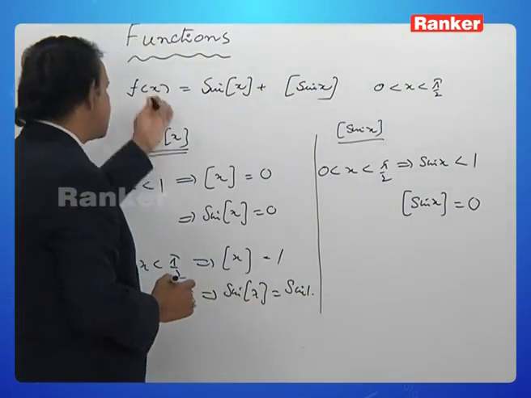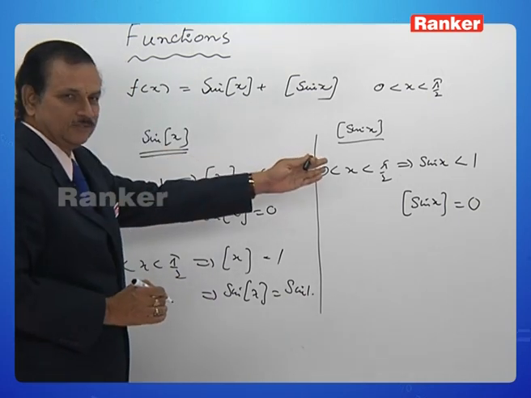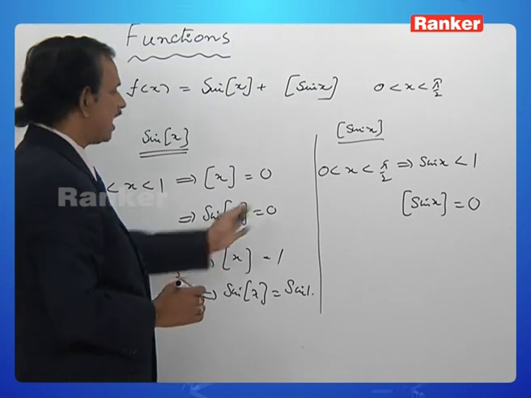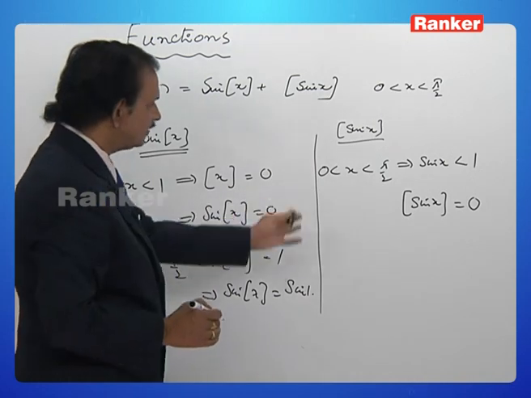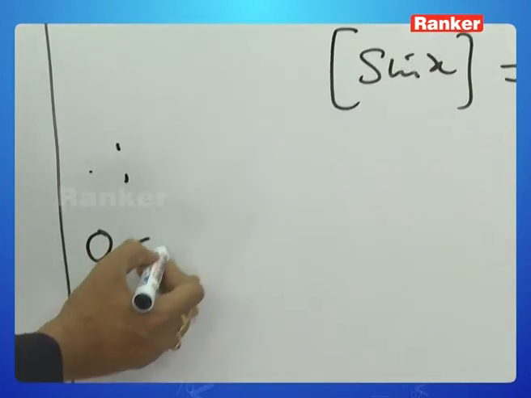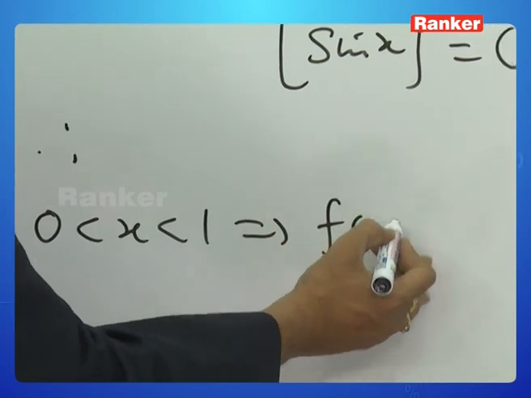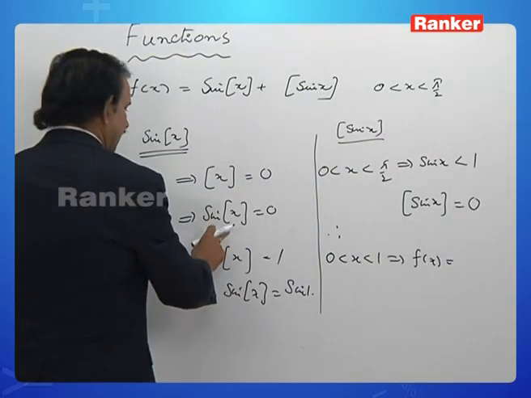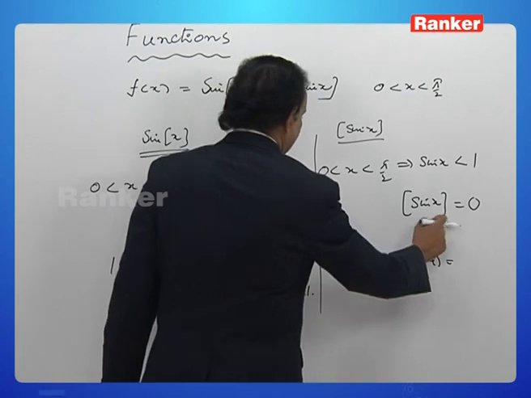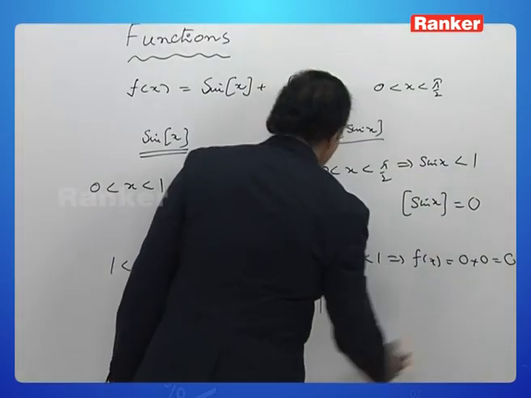But the function f of x is this value plus that value. So, let us club these two. By clubbing these two, therefore, 0 less than x less than 1 implies f of x is equal to sine of integral part of x plus integral part of sine x, that is 0 plus 0 is equal to 0.